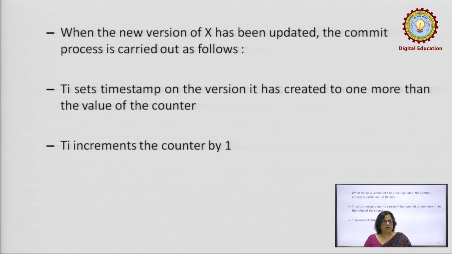When the new version has been updated, the commit process is carried out as follows. The transaction Ti sets the timestamp of the version it has created to 1 more than the value of the counter, and the counter is incremented by 1.